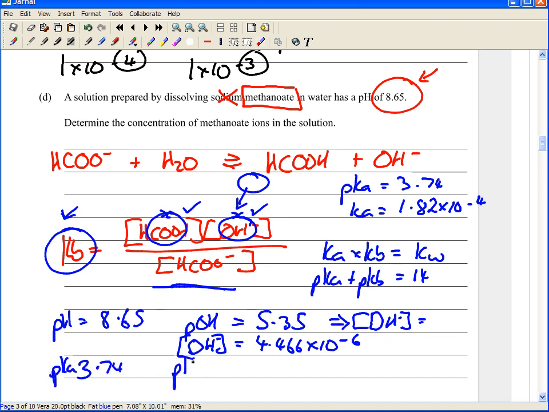Therefore, the pKb must equal 14 minus 3.74 equals 10.26, which means that the Kb is equal to 1 times 10 to the negative 10.26. Okay. Shift log, which is the x10 button.